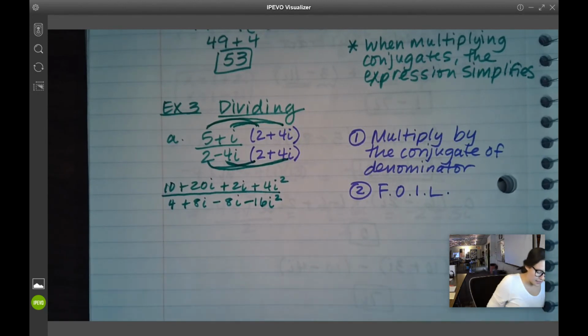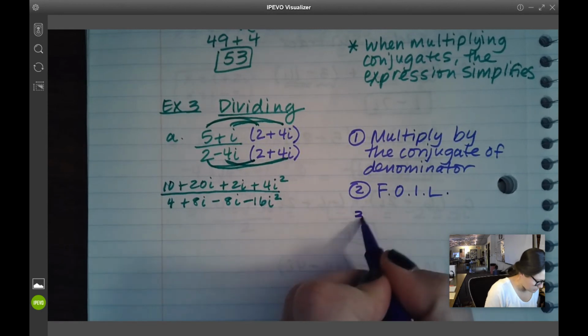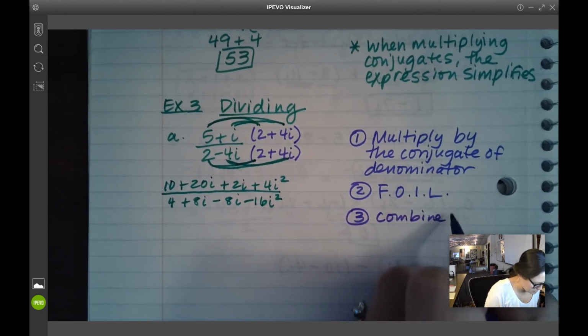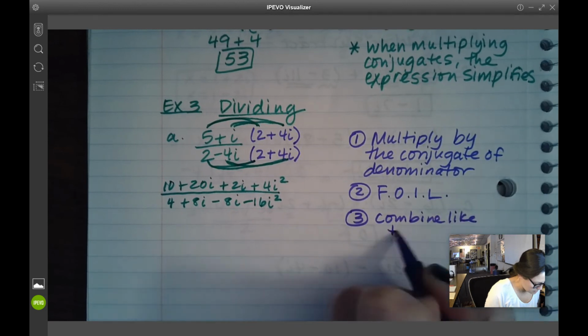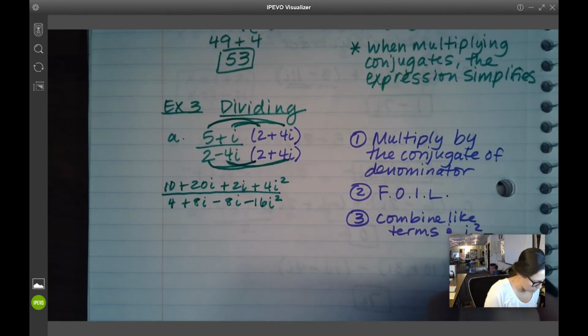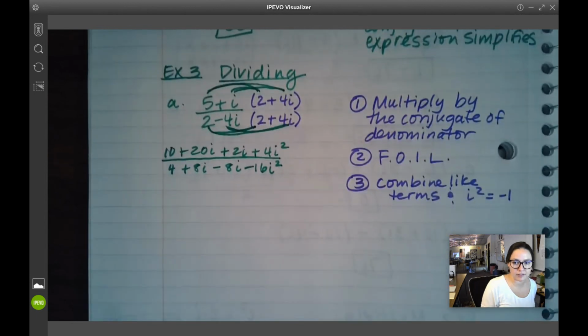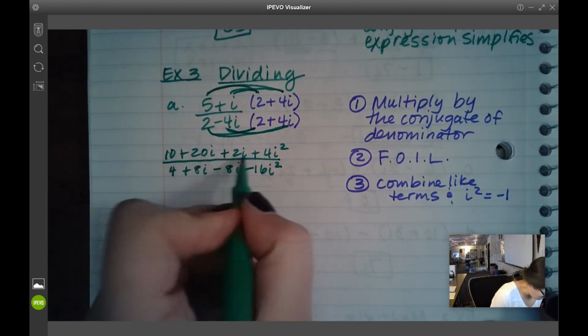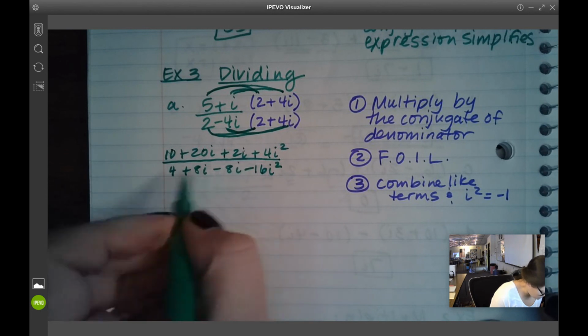Now we combine like terms. And remember that i squared equals negative 1. So I'm going to combine any like terms that I have and change any i squared to negative 1. So on the top, I can do 20i plus 2i.